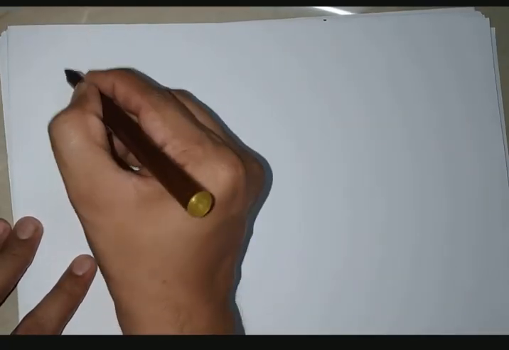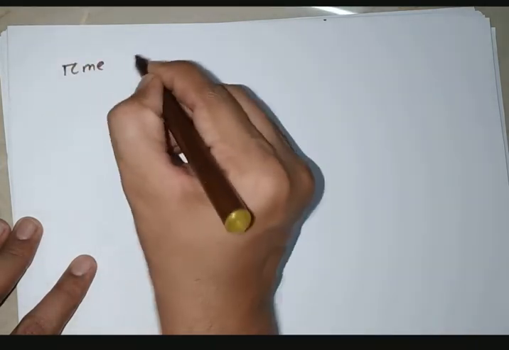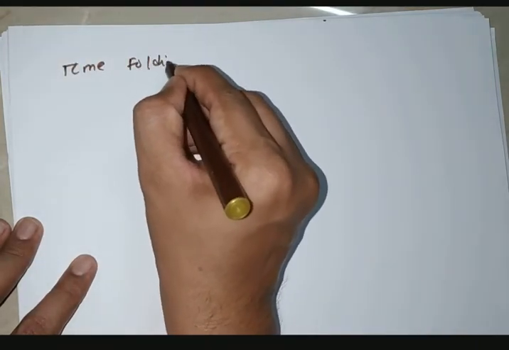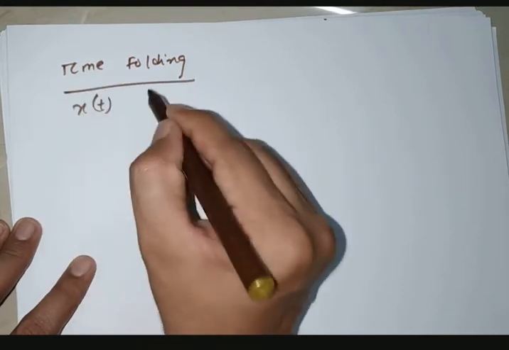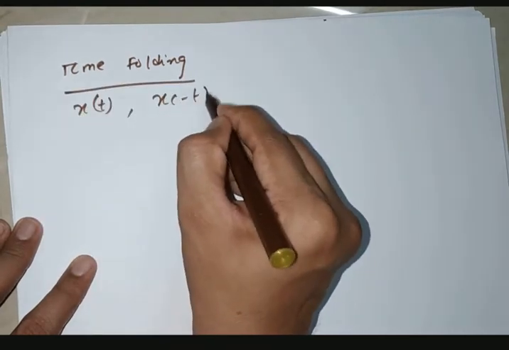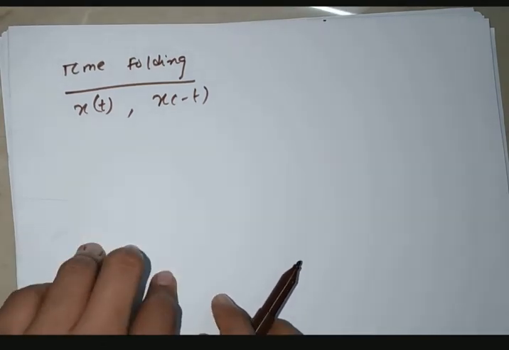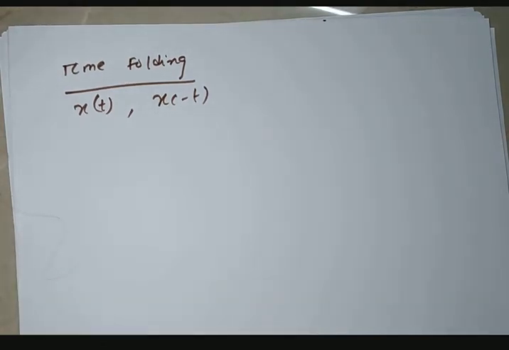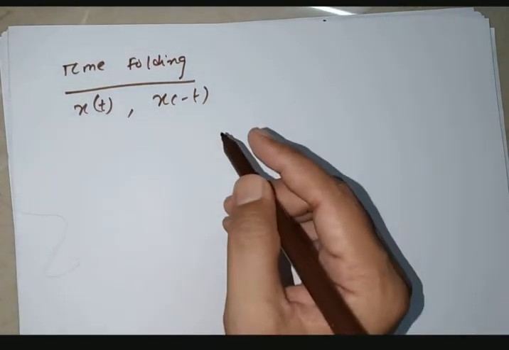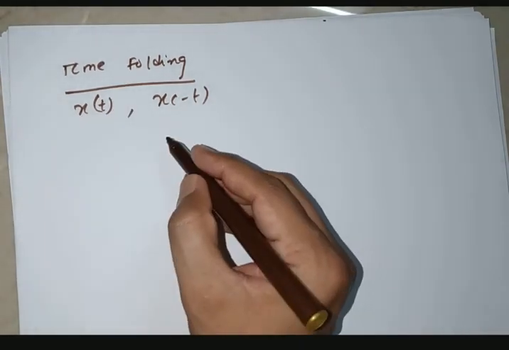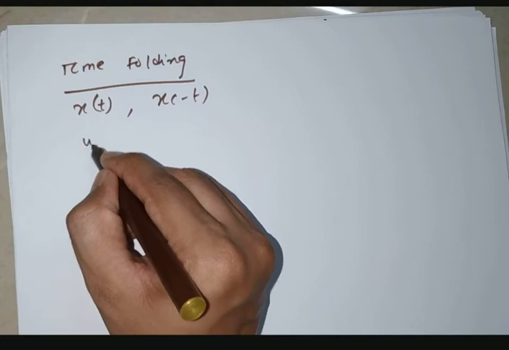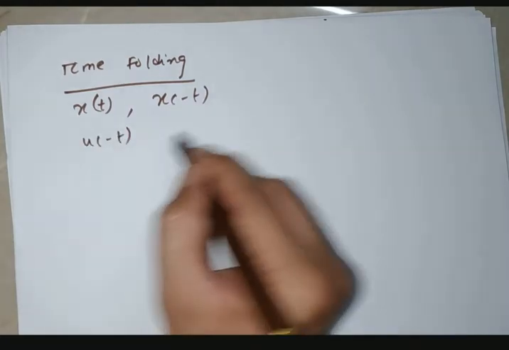Now folding problem, we will do some folding problem. Time folding. If x of t is a continuous time signal, then x of minus t is known as a time folding or mirror image of a signal x of t. Okay, now same, you can take later. I want to find u of minus t.